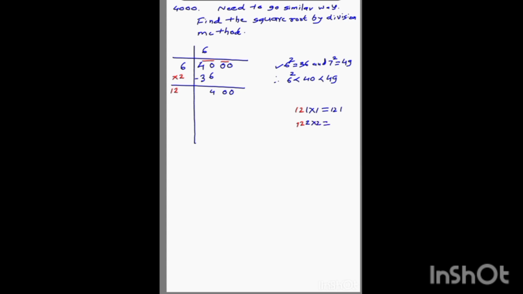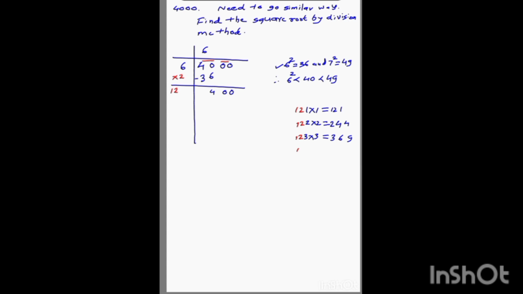Why 12? Because 6 into 2 is 12. 122 into 2 is 244. 123 into 3 is 369.